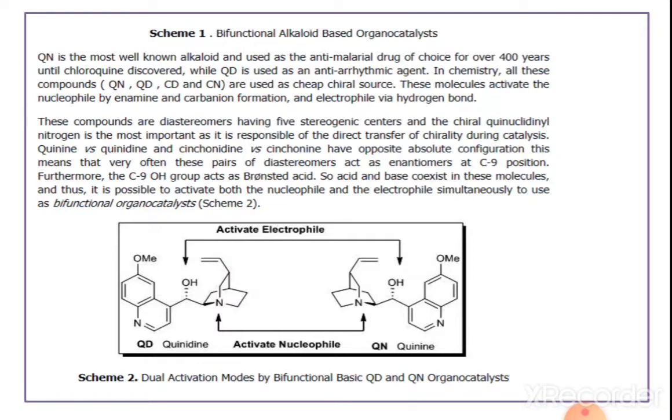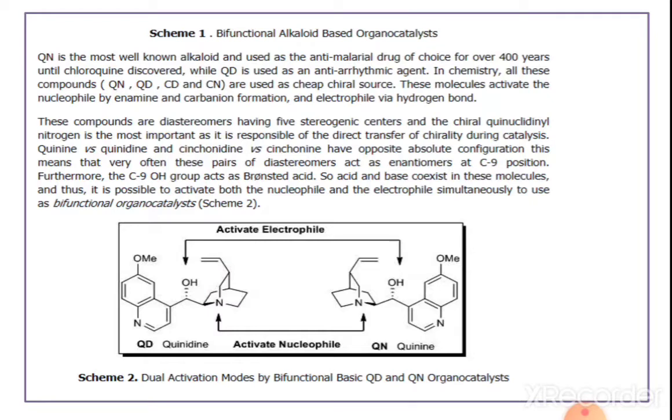Now quinine versus quinidine and cinchonidine versus cinchonine have opposite absolute configuration, and this means that very often this pair of diastereomers acts as enantiomers.